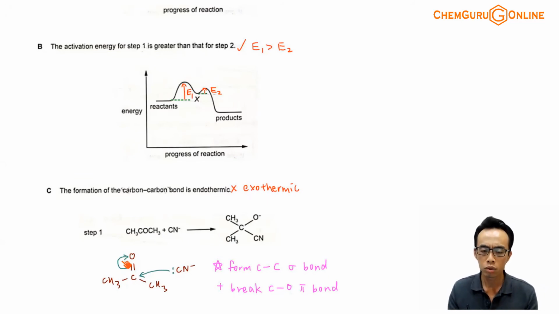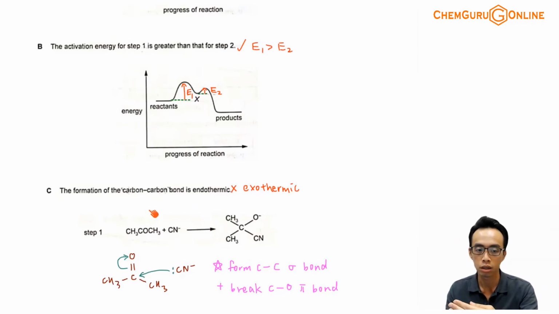Now, in general, we are not so interested in scrutinizing the detailed mechanism, working out all the specific bonds broken and formed and calculating the enthalpy change for the particular process. Usually, we're not required to do that. All we need to know in this case is that this particular process is not so simple.